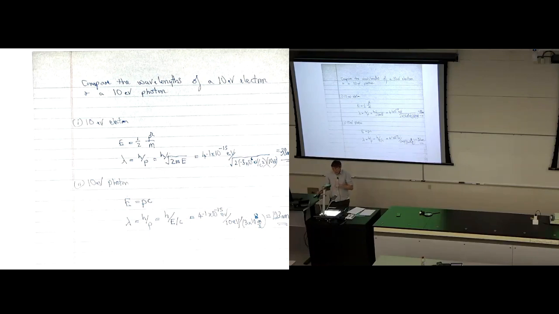If you look at the two wavelengths, the wavelength for the electron is very short. It's the scale of the distance between layers of a crystal. You would use a crystal to measure this wavelength, to prove that the electron has wave-like properties. On the other hand, the photon has a wavelength on the scale of 100 nanometers, more the scale of the thickness of a soap bubble.